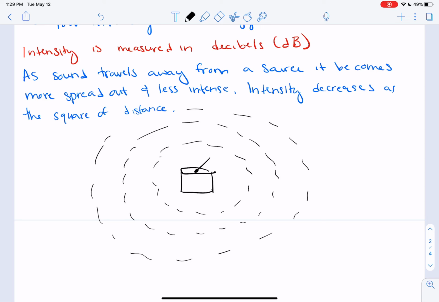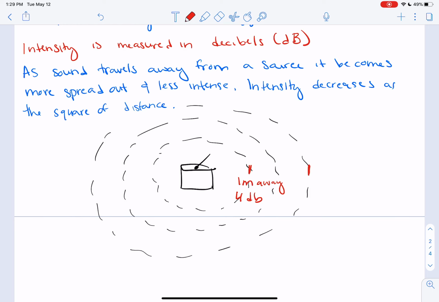So for example, if you are 1 meter away and it's 4 decibels, then when you're 2 meters away, how many decibels will it be? Well, we just doubled the distance. So that means you need to divide by 2 squared. So you divide by 4, and you get 1 decibel.